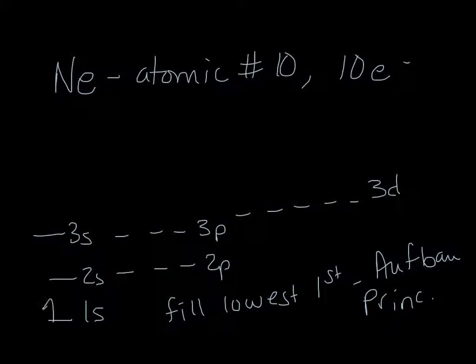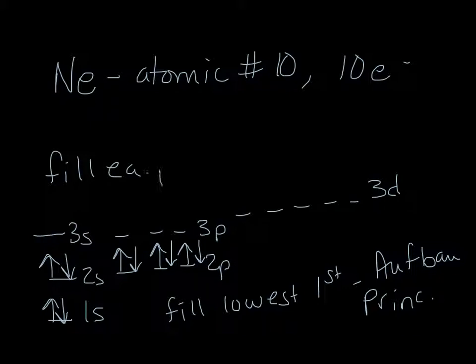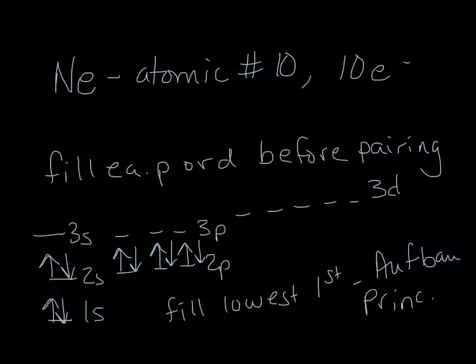Okay, so 1, 2, 3, 4, 5, 6, 7. Then I put in 8, 9, 10. Filling each P or D before pairing is known as Hund's rule.